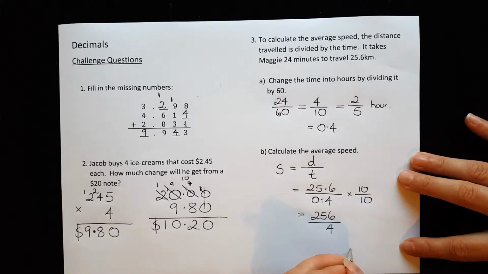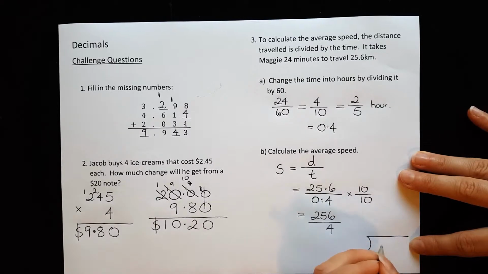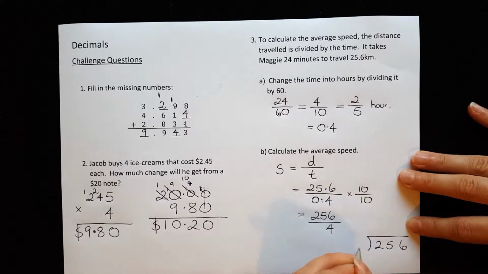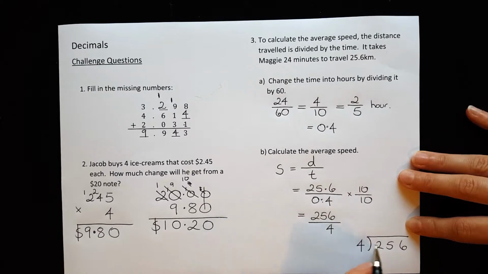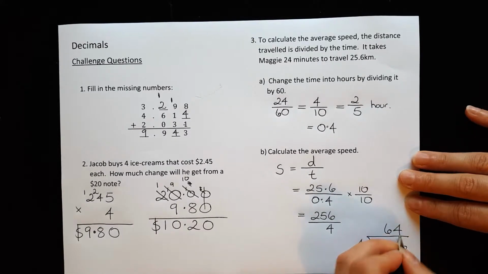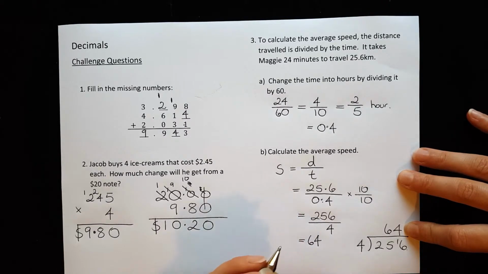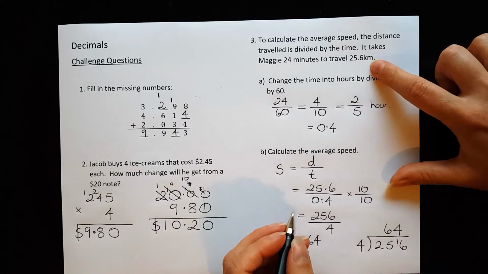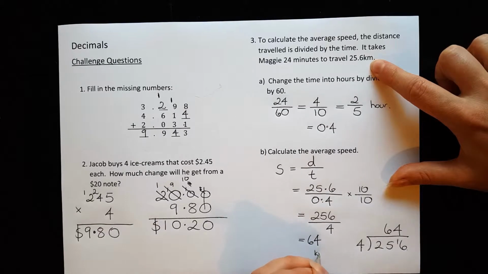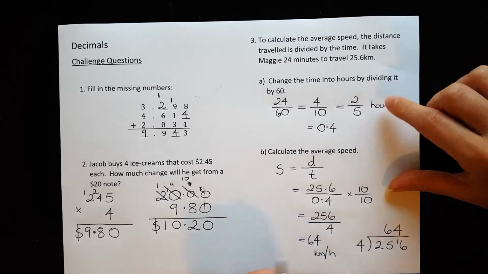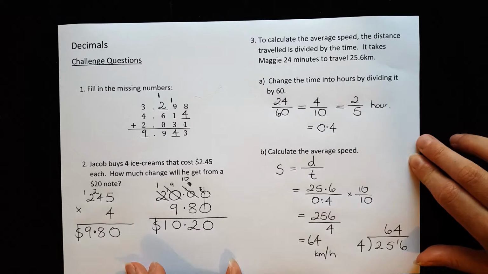Now that's a division we can do over here on the side. 256 divided by 4. 25 divided by 4 will go 6 times with a remainder of 1, and 16 divided by 4 is 4. So that is my answer. It is 64. Now, we can actually include some units for this. That was kilometers per hour. So 64 kilometers per hour.